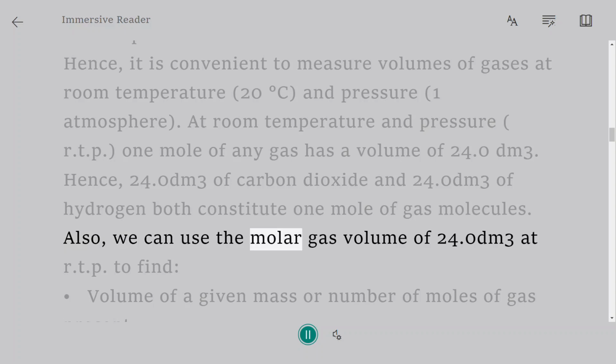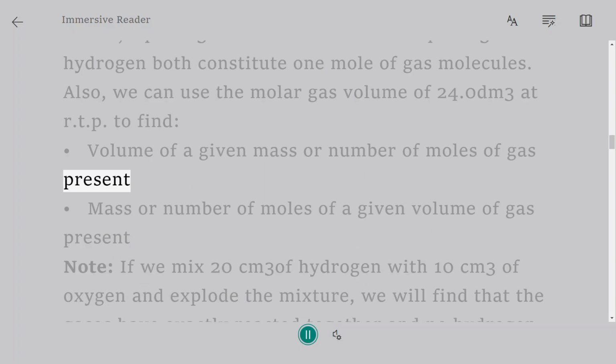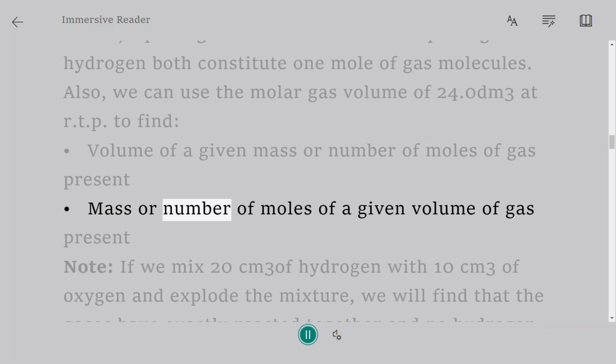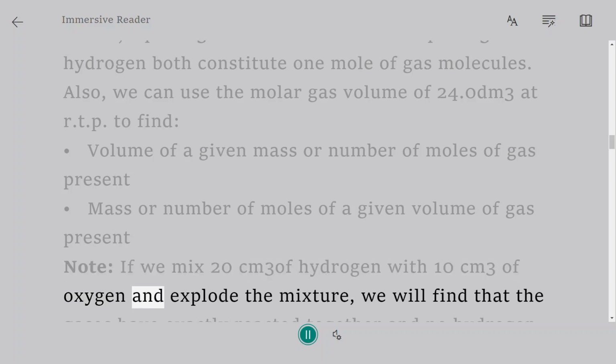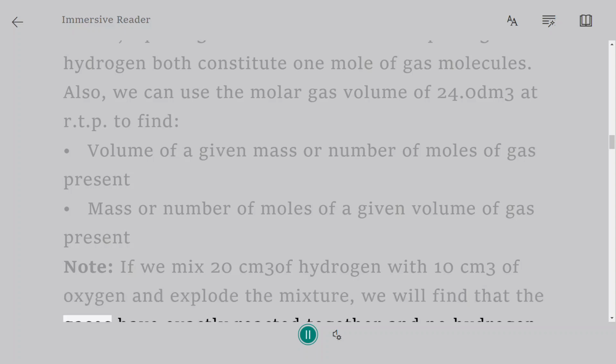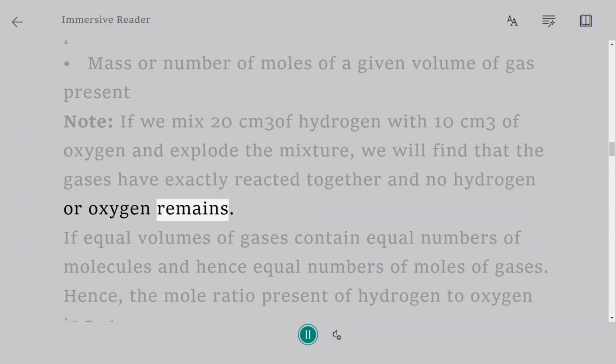Also, we can use the molar gas volume of 24.0 dm3 at RTP to find the volume of a given mass or number of moles of gas present, and the mass or number of moles of a given volume of gas present. Note, if we mix 20 cm3 of hydrogen with 10 cm3 of oxygen and explode the mixture, we will find that the gases have exactly reacted together and no hydrogen or oxygen remains.